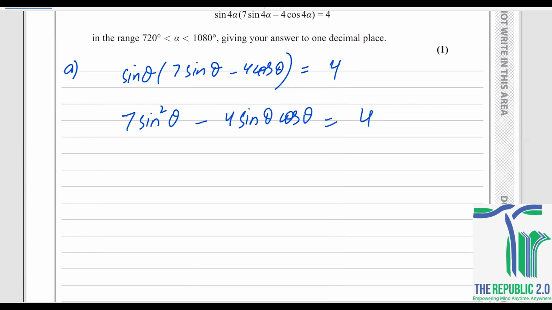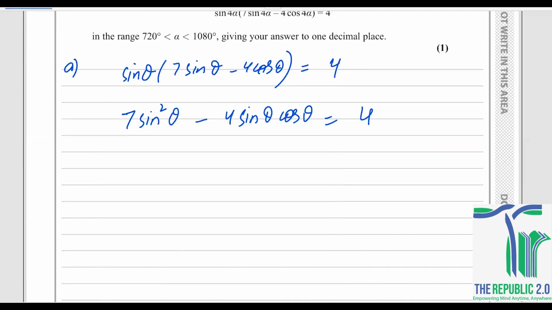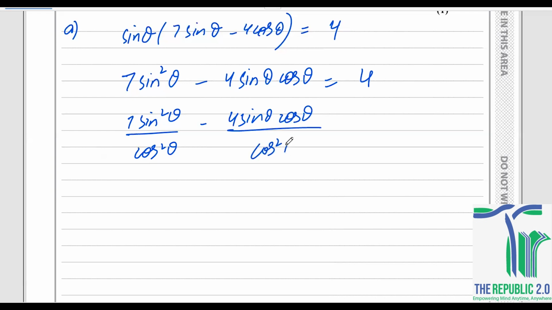Now, since I need tangent squared theta, and if you look into the proof, I need tangent squared theta and then tangent theta and so on. So I'm just going to divide all of these terms by cos squared theta, and I'll see what I have. So 7 sine squared theta divided by cos squared theta minus 4 sine theta times cos theta divided by cos squared theta equals 4 divided by cos squared theta.